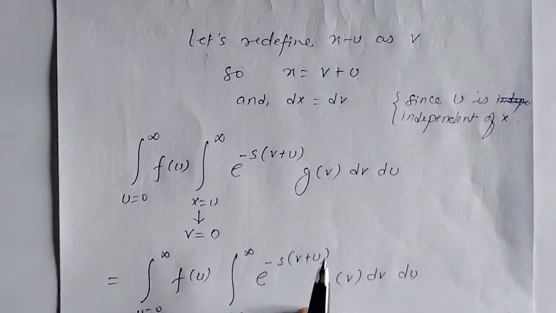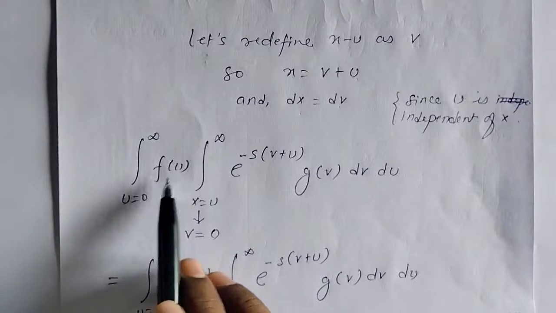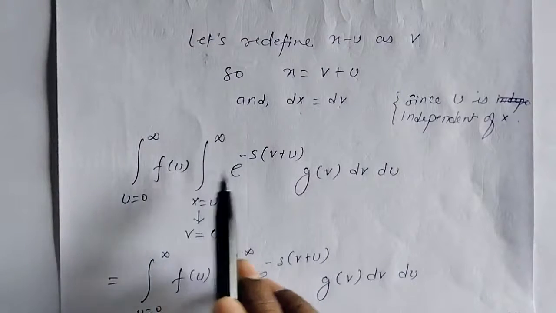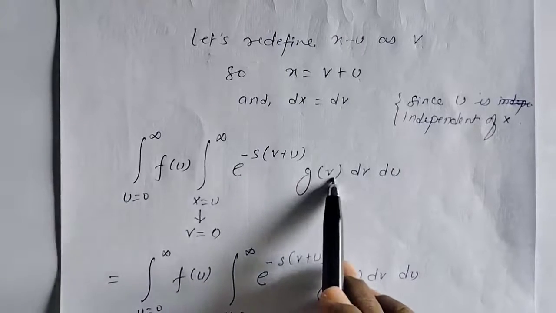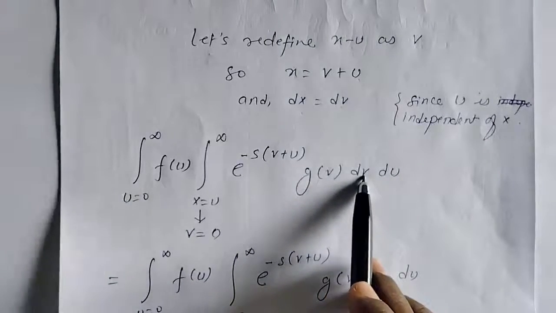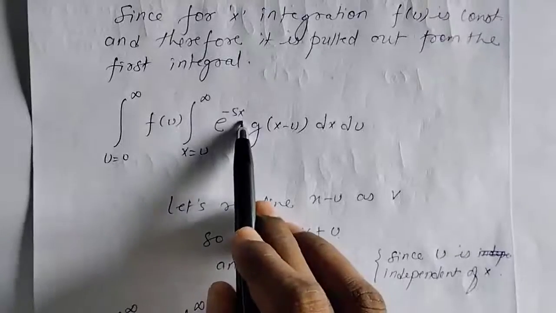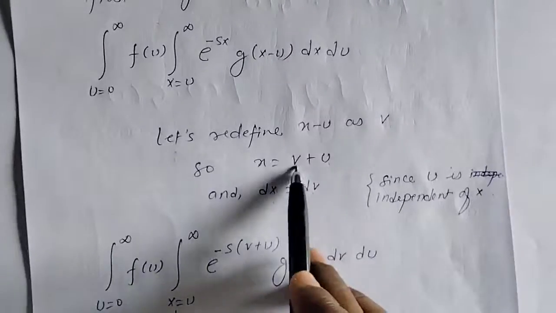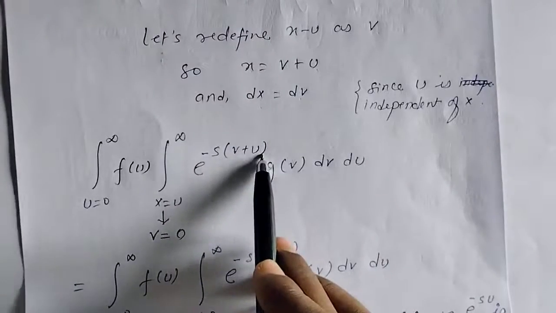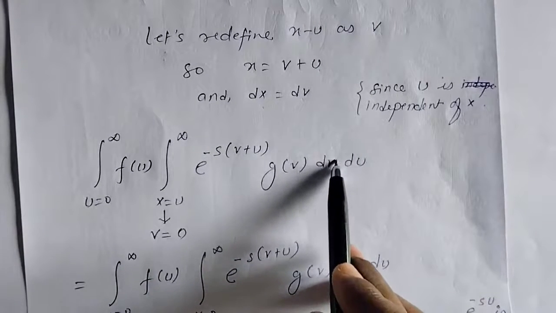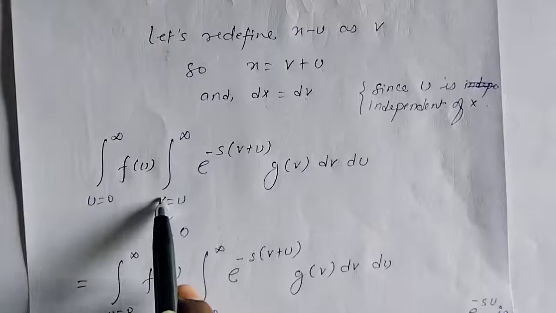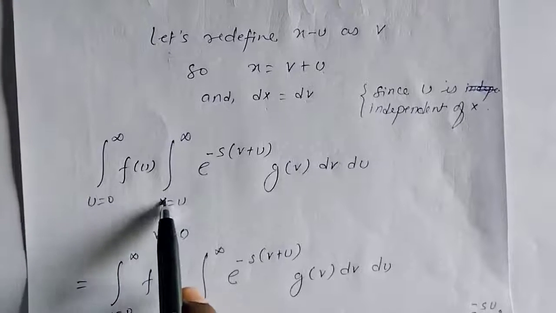Now you see here f(u), and we have replaced x minus u with v, dx with dv, and here x we have replaced with v plus u. Now the integration is over v, so we have to change this limit also. Earlier it was over x, so we have to change it to v.